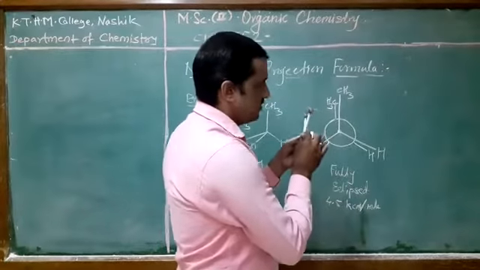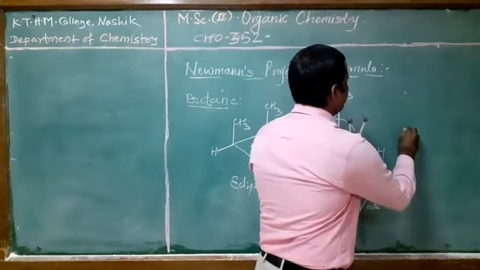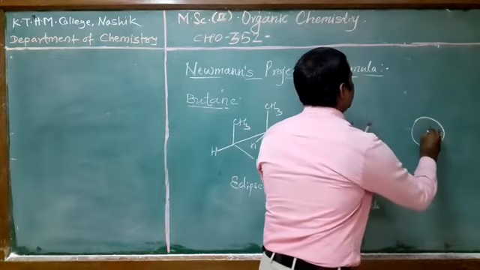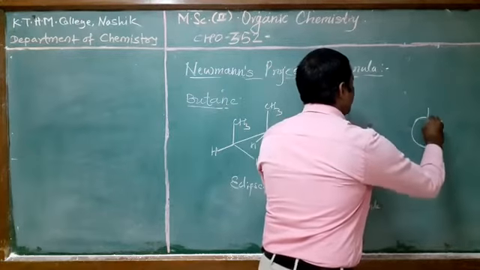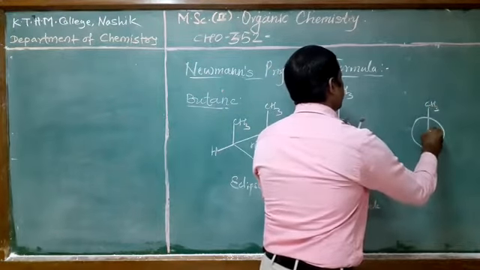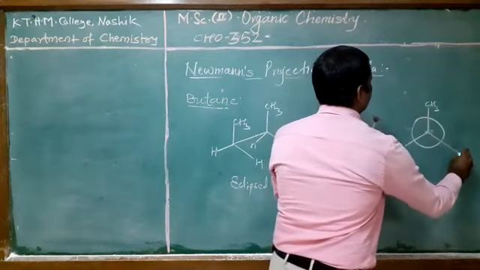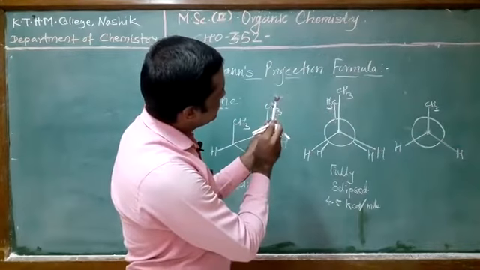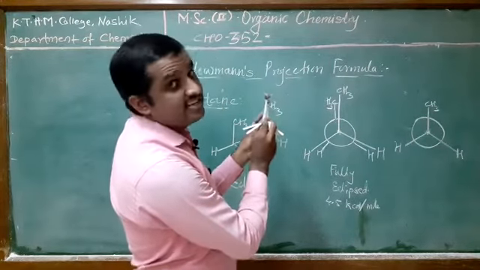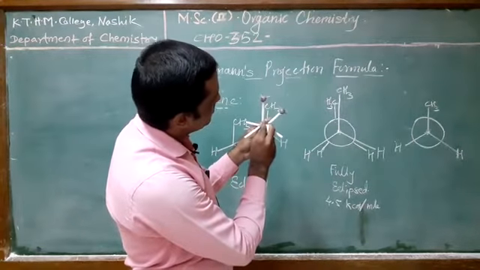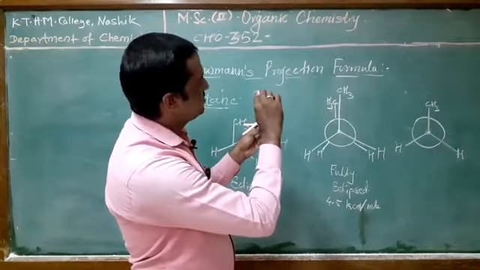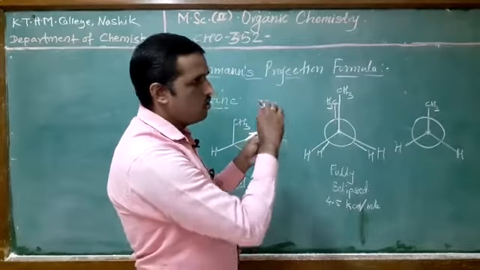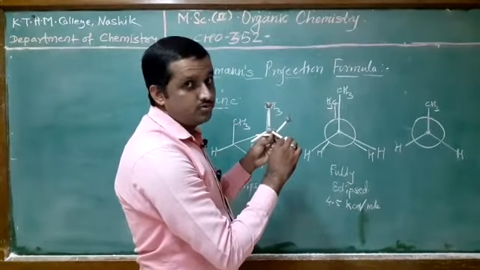If I have to obtain the other conformations of this butane molecule, we keep this front carbon atom as it is, with whatever substituents it has, and only rotate the backside carbon atom by 60 degree, because the bond angle between these two substituents is about 120 degree.